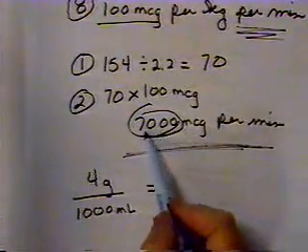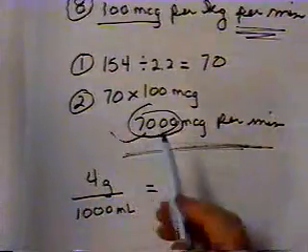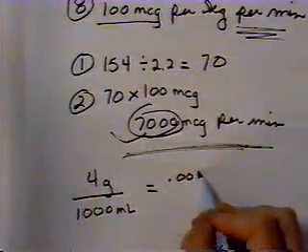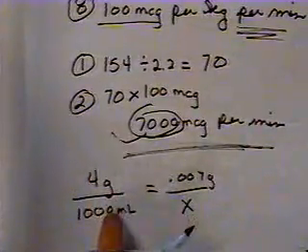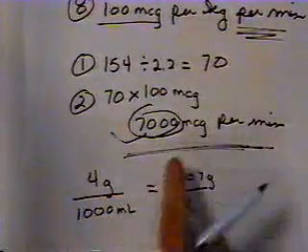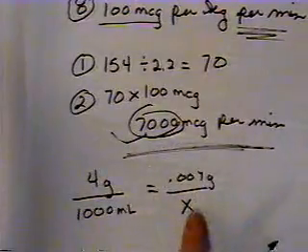So I move it 3 decimal places and then 3 more. If the bottle is labeled in grams, I have to change my order to grams.